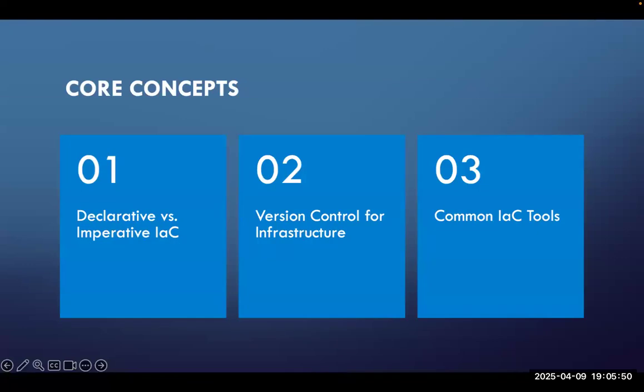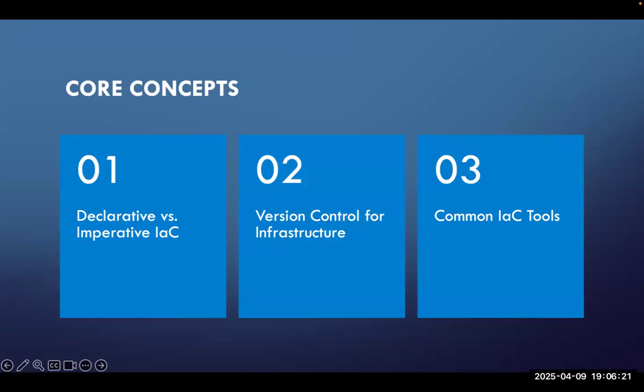IaC can be categorized into two main approaches, declarative and imperative. Declarative IaC focuses on defining the desired state of infrastructure, while imperative IaC specifies the steps needed to achieve that state. Version control is a crucial aspect of IaC, enabling teams to maintain a history of infrastructure changes, collaborate efficiently, and roll back to previous configurations if necessary.